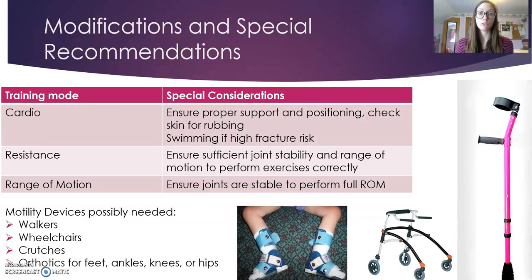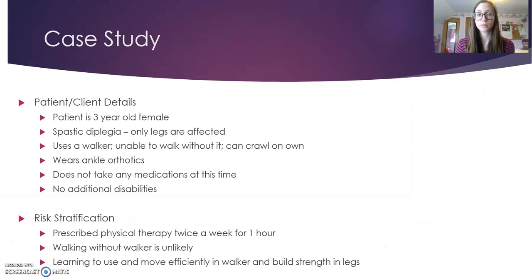And then for range of motion, again, just ensuring joint stability and ensuring that they are getting the full range of motion that they're capable of. Mobility devices possibly needed could be walkers, wheelchairs, crutches, or orthotics for foot, ankle, hip, or knee support.